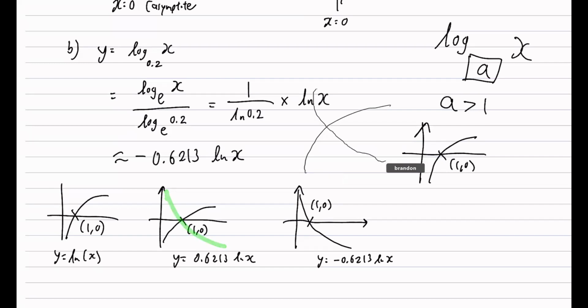So you flip it upside down, reflect it about the x-axis. So now, that's the graph. This is the answer already. Of course, this is just an approximation of the exact answer, which is log x base 0.2. Okay, this is the graph.